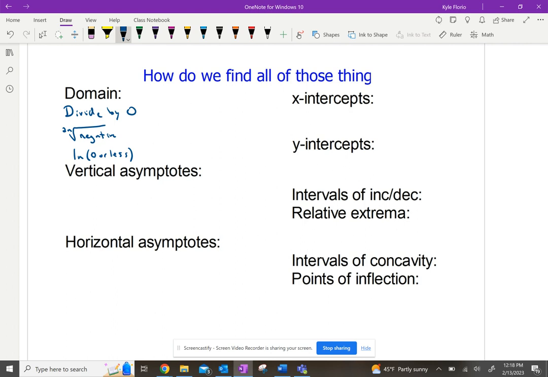Vertical asymptote. That's when the denominator is 0. Think of the rational functions. There could be a hole if it divides out.